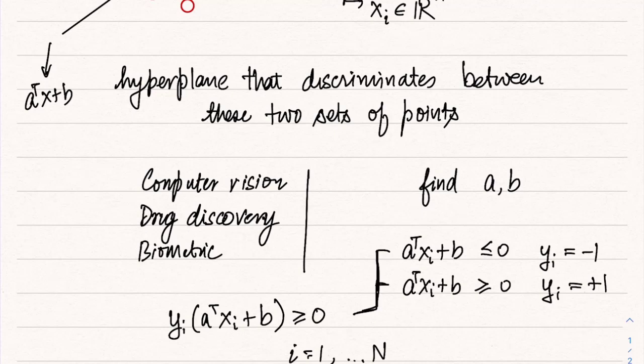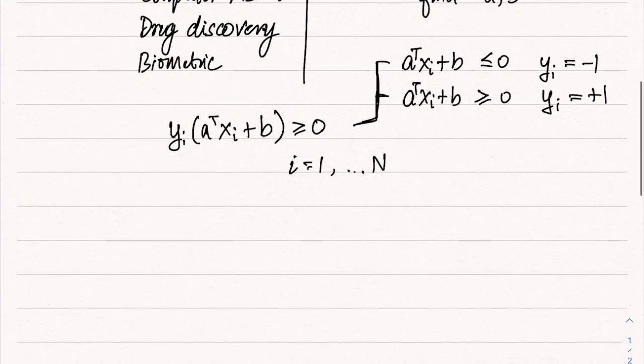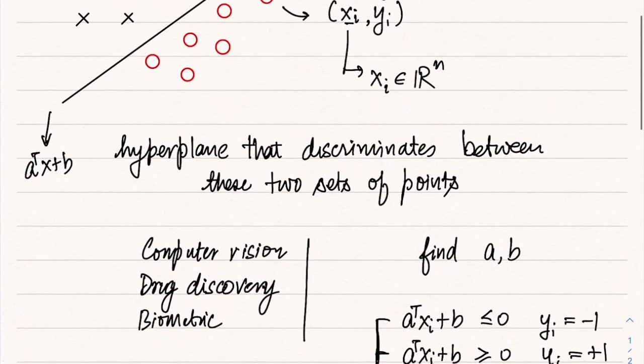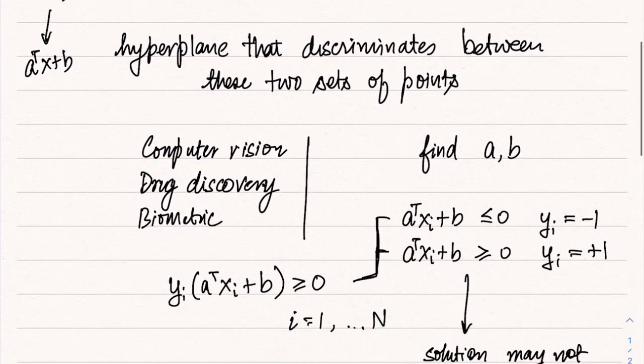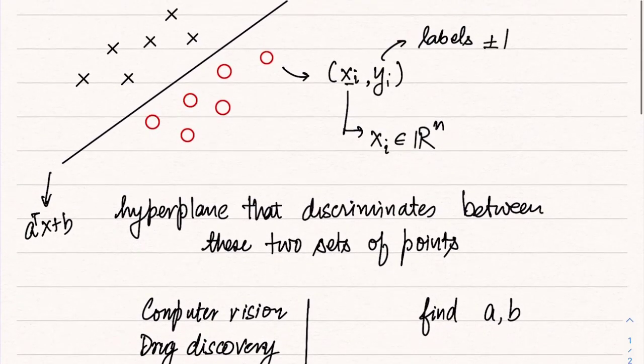The problem is that the solution given by this problem may not be robust, in the sense that if I give you a new point and ask you to find out which side of this hyperplane it belongs to, not every solution may work the same. And in fact, there are many possibilities. The solution here is not unique.